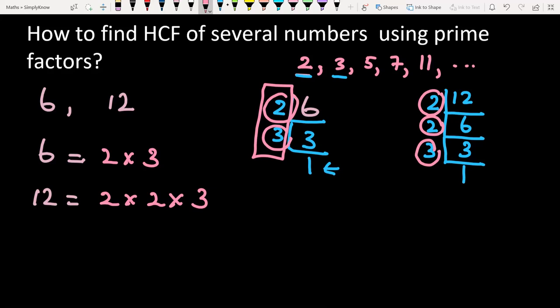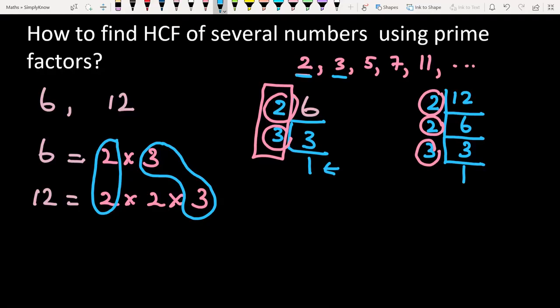Next, what we do is we need to find the common prime factors to both numbers. So what are the common prime factors? 2 is a common factor to both numbers. Even 3 is a common factor to both numbers. So our common prime factors to both numbers are 2 and 3.